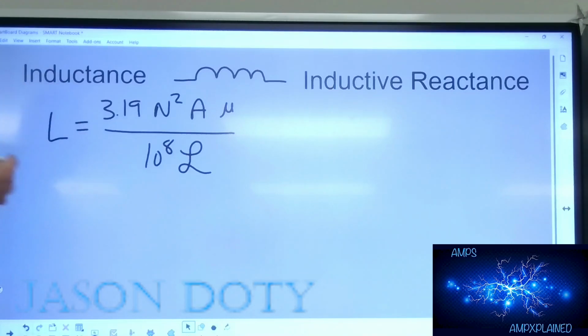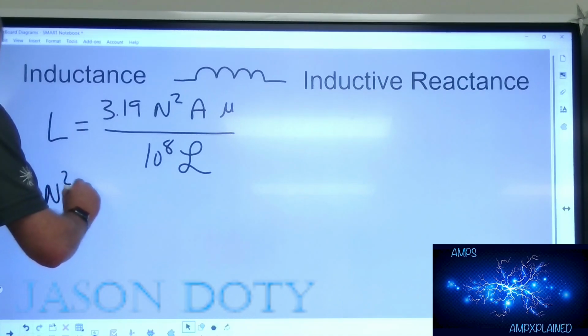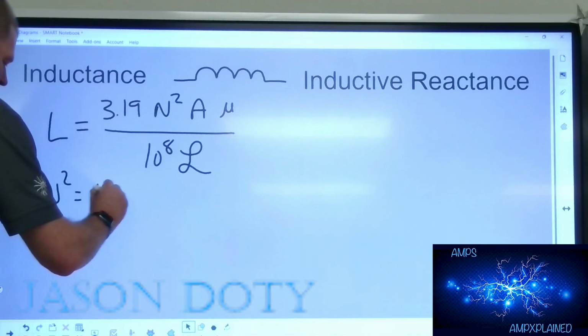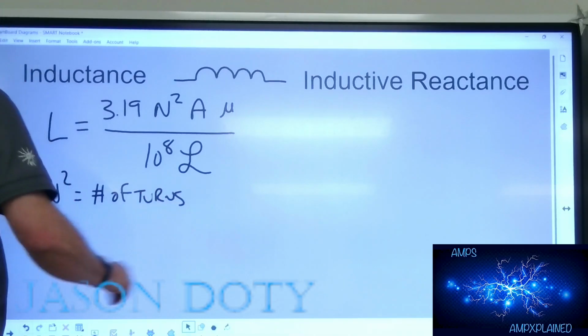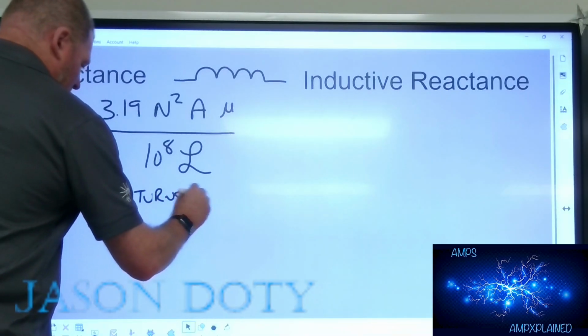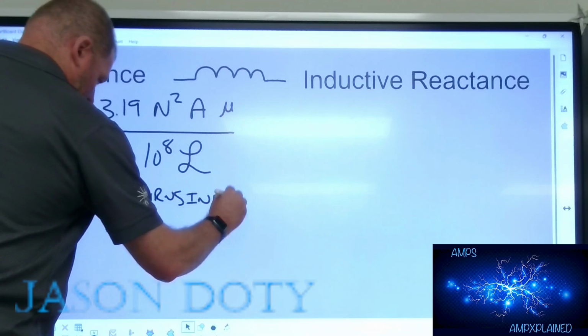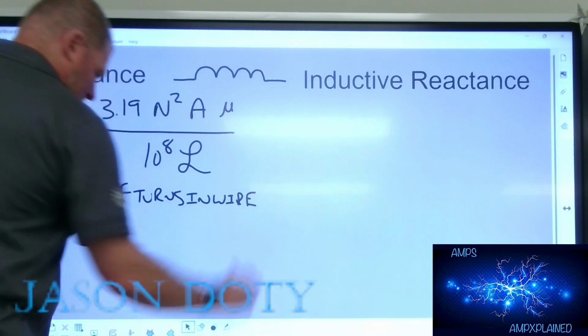So again, we'll go through a couple of these variables and give their meaning. The N squared: number of turns in the wire. That's all an inductor is.